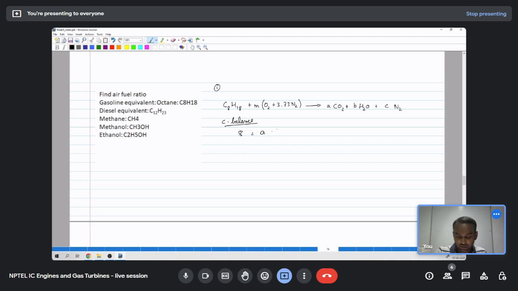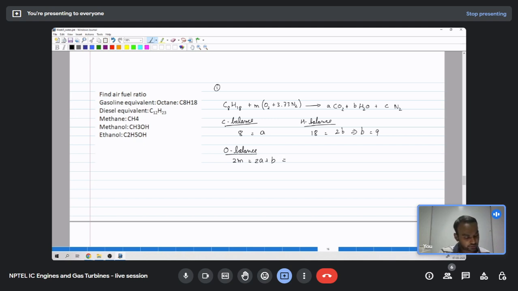Now we can have hydrogen balance. On the left hand side, it is 18 moles of hydrogen. On the right hand side we have 2b, right? In the H2O we have 2b moles of hydrogen. So that means the value of b is 9. Now we can have oxygen balance. On the left hand side we have 2m, and on the right hand side we have 2a plus b.